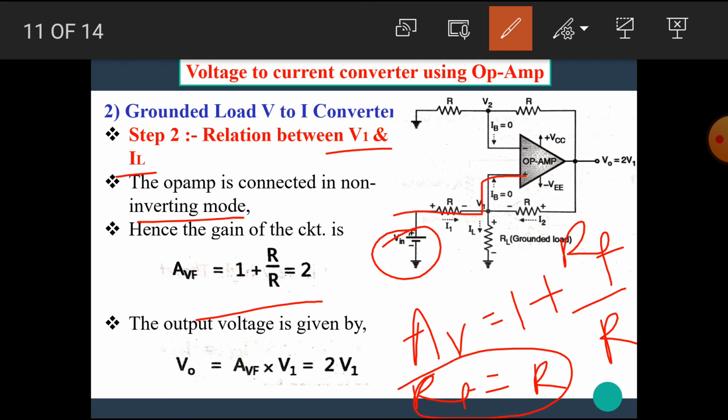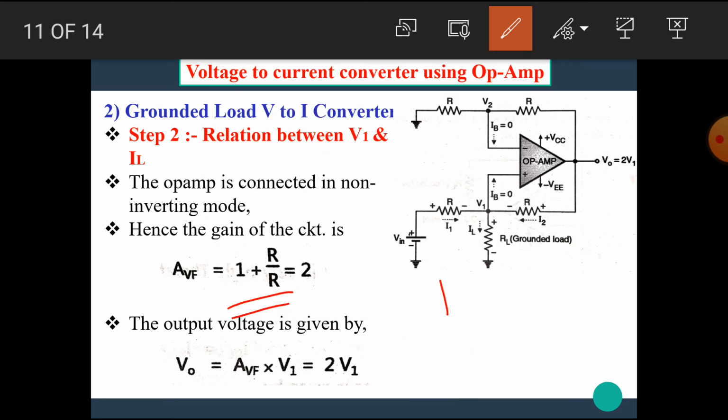Hence we get AV is equal to 1 plus 1, that means 2, because Rf upon R, the feedback resistor over the resistor with the same value, is R upon R, equal to 1. That means the gain of the non-inverting amplifier is now 2.